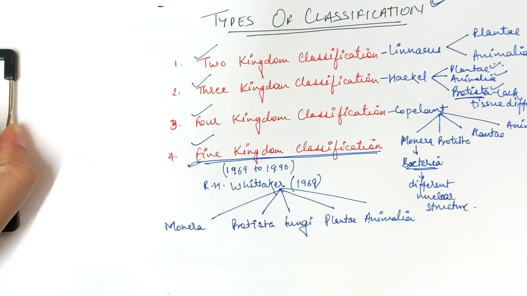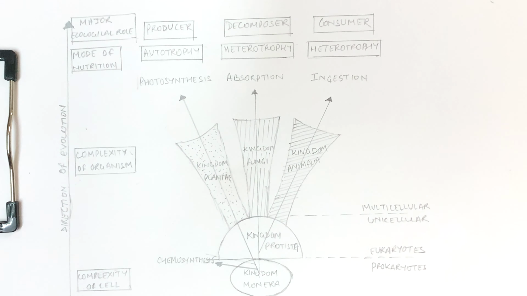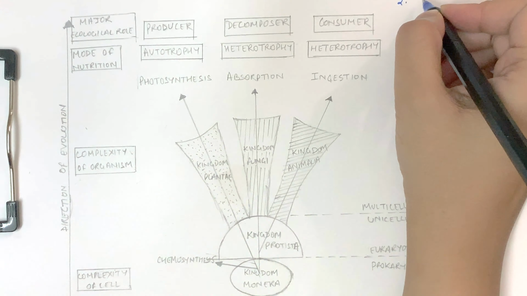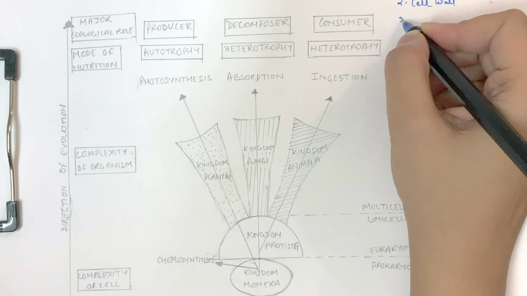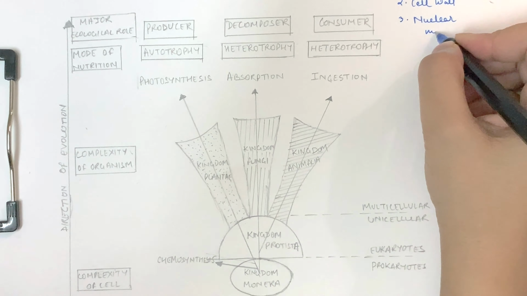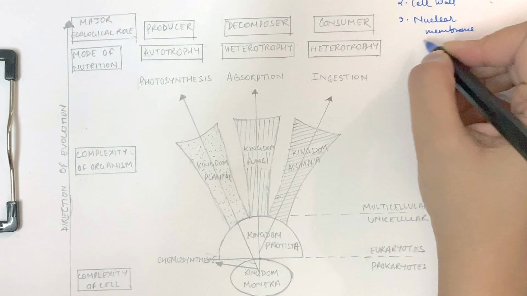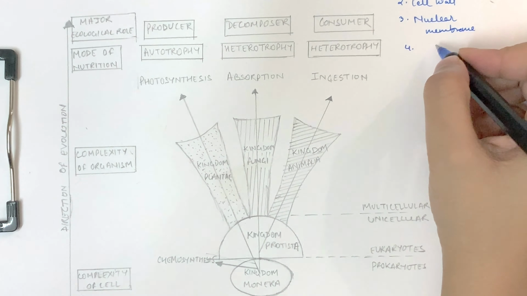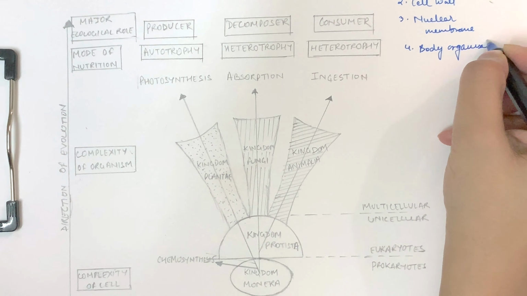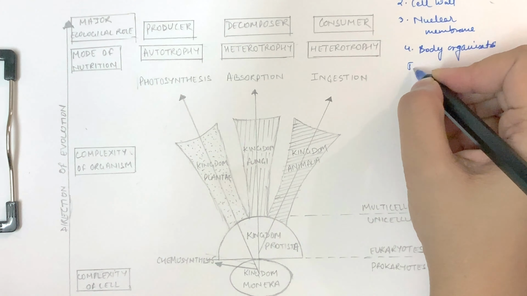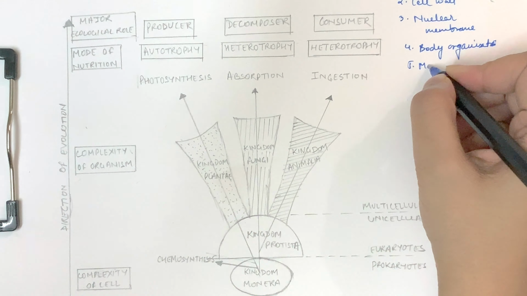These various factors are cell type, then the second factor was cell wall, third was nuclear membrane, then body organization, and lastly, the mode of nutrition.